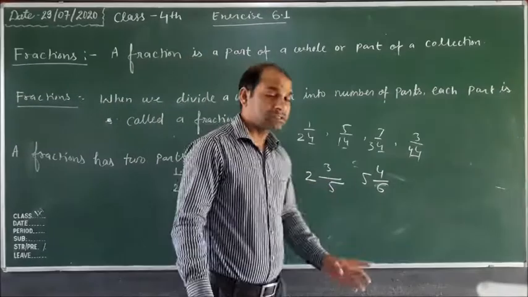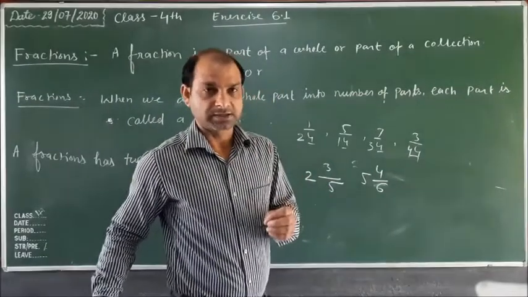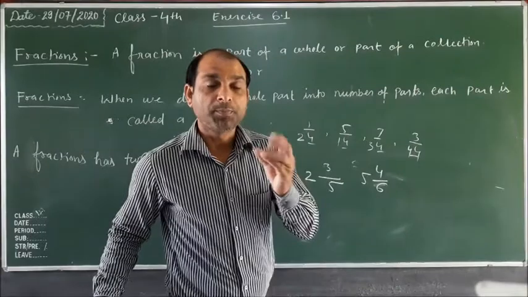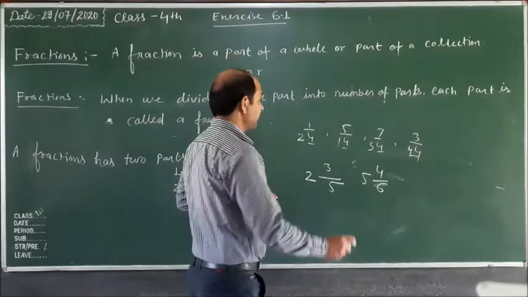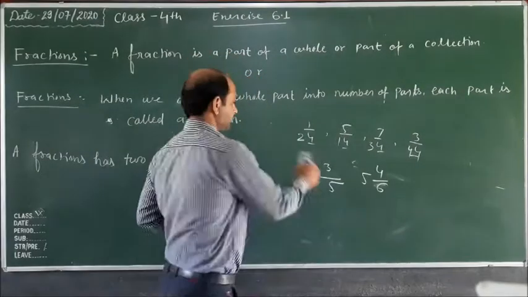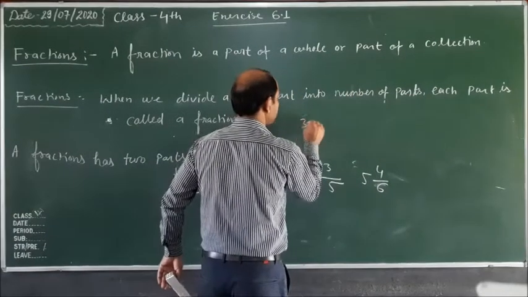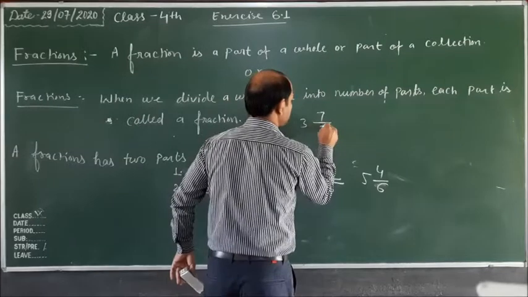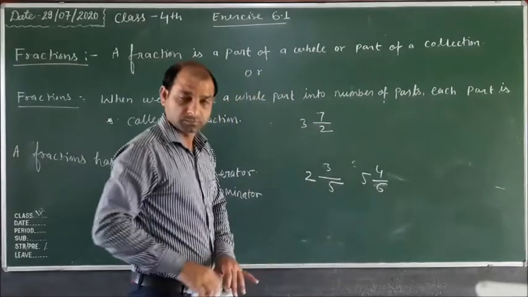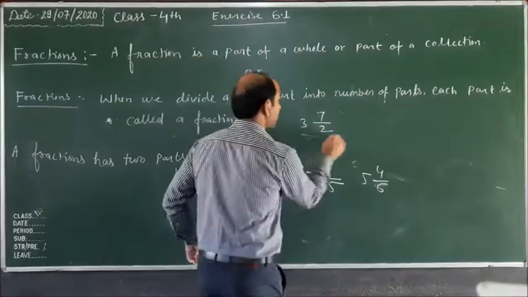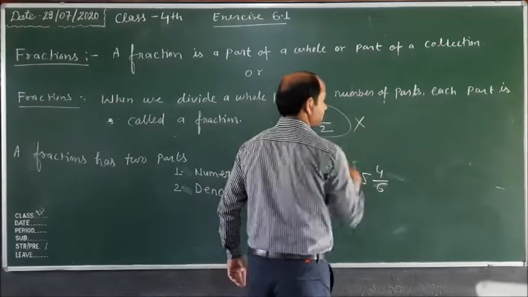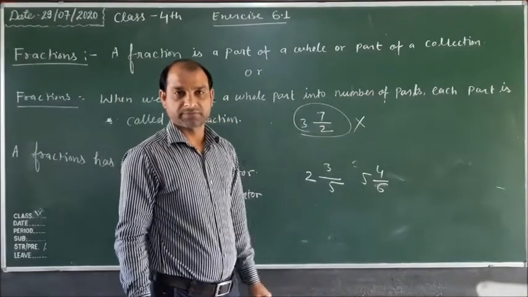This is a mixed fraction, a mixed proper fraction. If we write this type, suppose 3 and 7/2, this is a wrong mixed fraction.